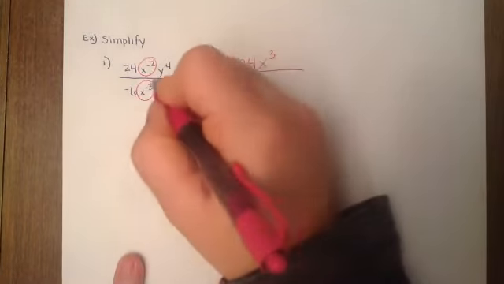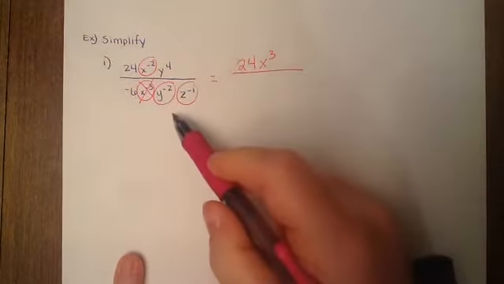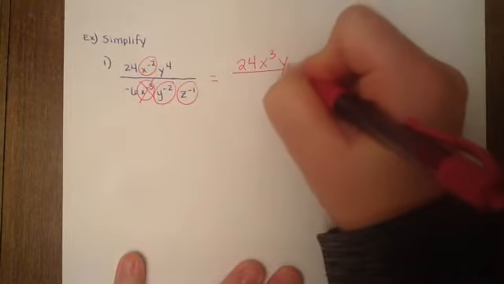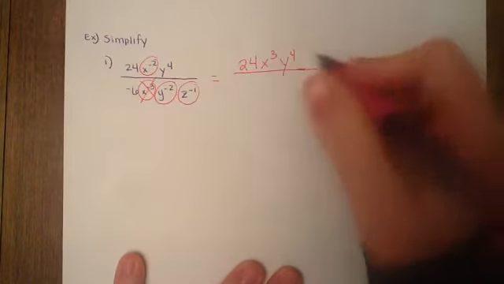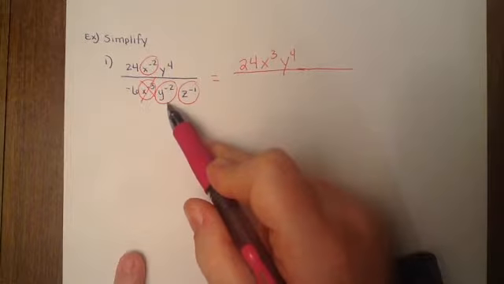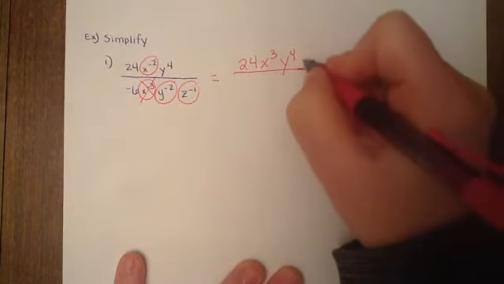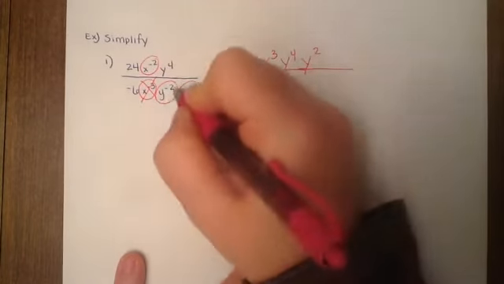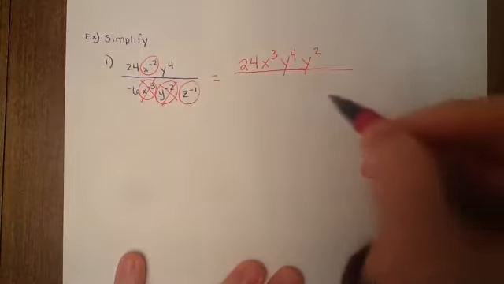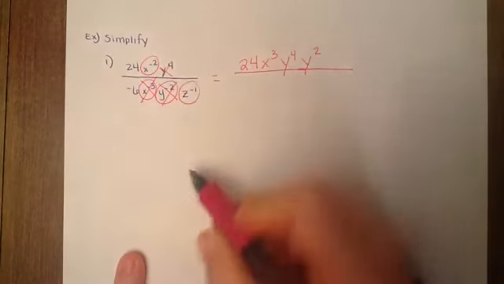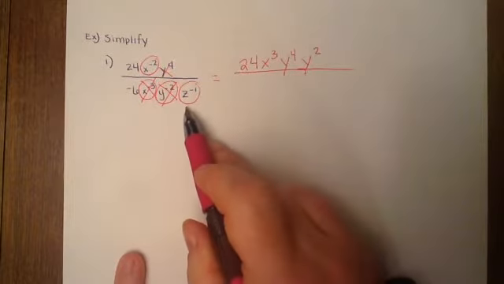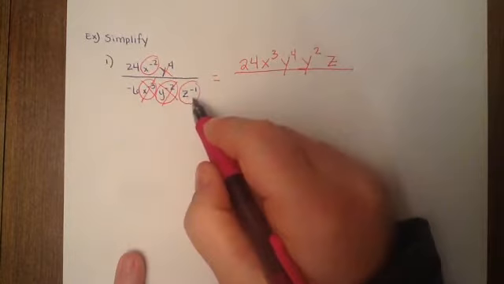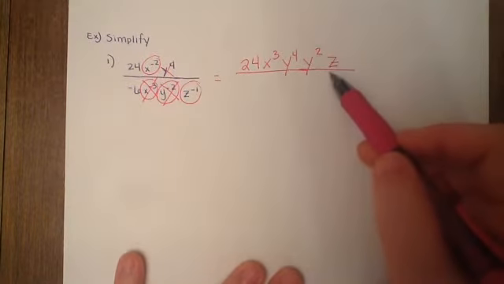X cubed. So that piece is taken care of. Y to the 4th stays. It's positive. What else comes to the top? Y to the negative 2 becomes y squared. That's taken care of. And lastly, what else comes to the top? Z to the negative 1 becomes Z to the 1, or just Z.